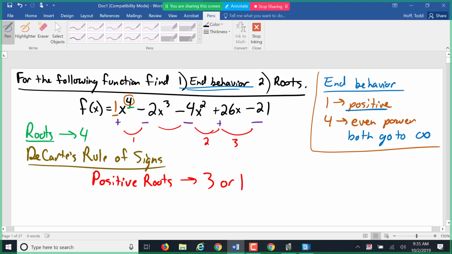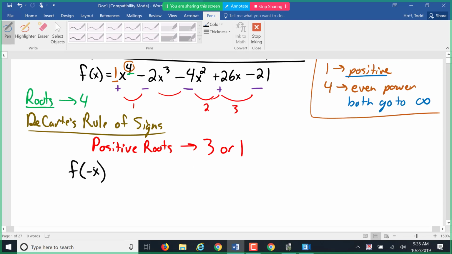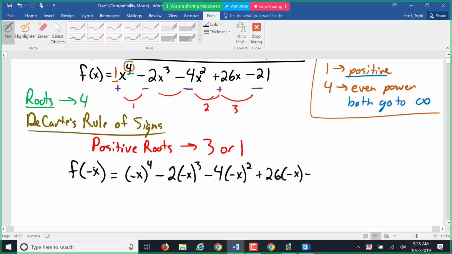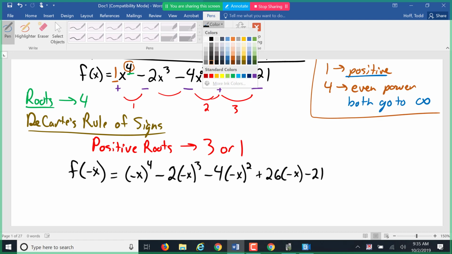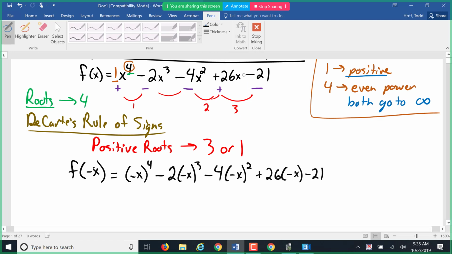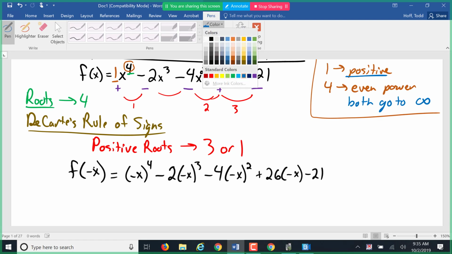For negative roots, we need to have f of negative x. So if I put negative x in for x to the 4th, and negative x in for the x to the 3rd, negative x into the x squared, and so on. Well, negative x to the power of 4, it doesn't matter.